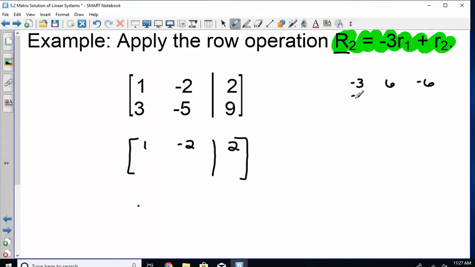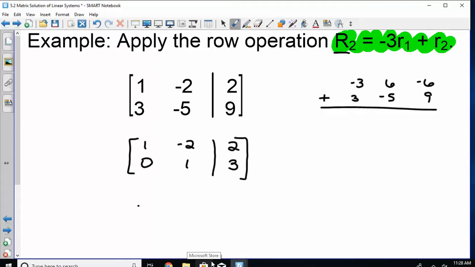And my row 2 is currently 3, -5, 9. And this tells me I'm just adding those two things to get my new one. So -3 plus 3 is 0. 6 plus -5 is 1. -6 plus 9 is 3. And so that's my new row.